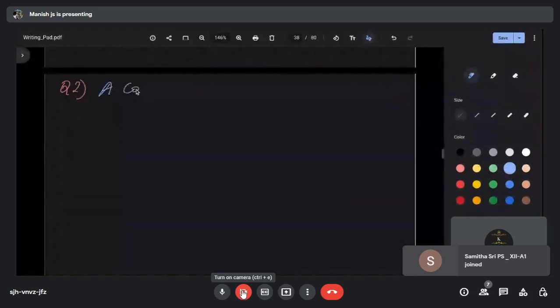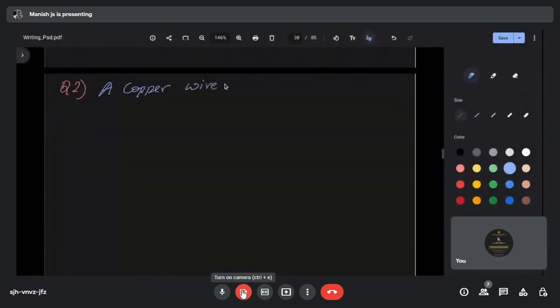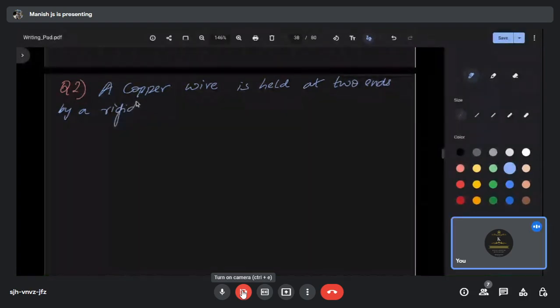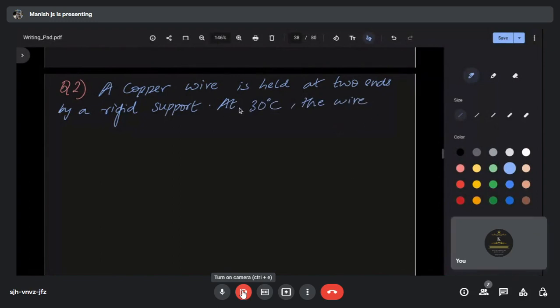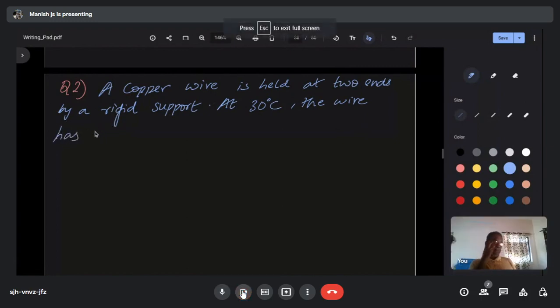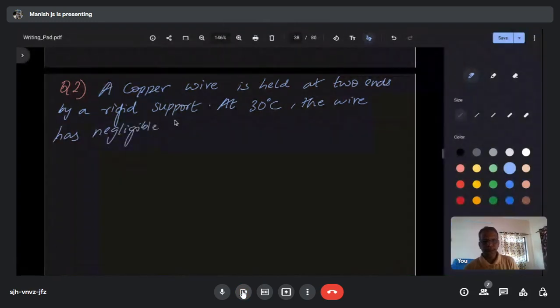A copper wire is held at two ends by a rigid support at 30 degrees Celsius. The wire has negligible tension.